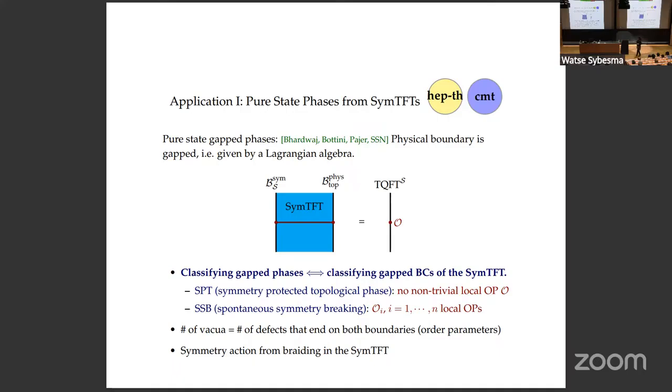So there can be non-local operators that are order parameters, but string-like order parameters. And those you would get by ending a line here and then stretching it down. So it can't end here, but it can do this kind of L-shaped configuration, and you get a line operator that's attached to a point as an order parameter.